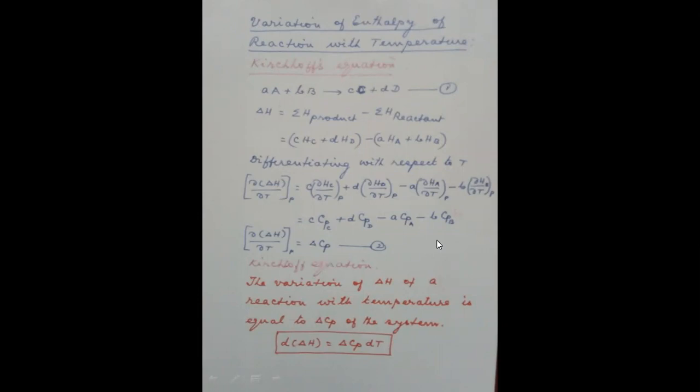This equation is called Kirchhoff's equation. So the variation of delta H of a reaction with the temperature is equal to the variation of the heat capacity at a constant pressure of the system. So this can be expressed in other ways, like d delta H is equal to delta Cp dT. This is how it is written. d delta H is equal to delta Cp dT.